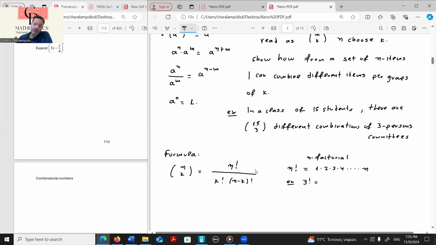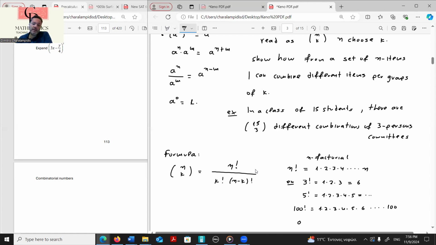3 factorial should be 1 times 2 times 3, which is 6. 5 factorial should be 1 times 2 times 3 times 4 times 5, whatever that is. 100 factorial should be a huge number, but it's just the multiplication of 1 times 2 times 3 times 4 times 5 times 6 up until 100.